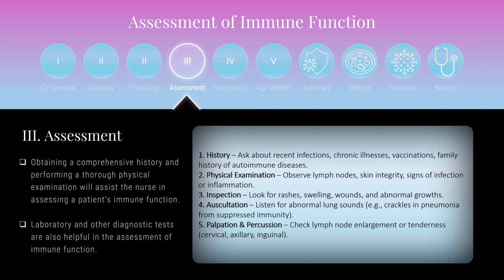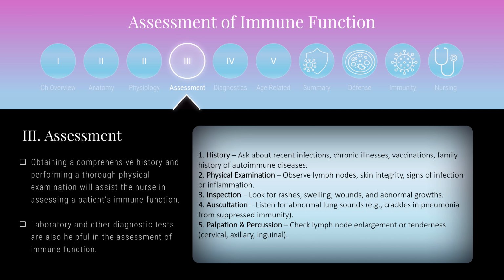And here, remember in the concept map, in those little boxes, I put the history: ask about recent infection, chronic illnesses, vaccination, family history of autoimmune disorders. Physical examination: observe for lymph nodes, skin integrity, signs of infection or inflammation.